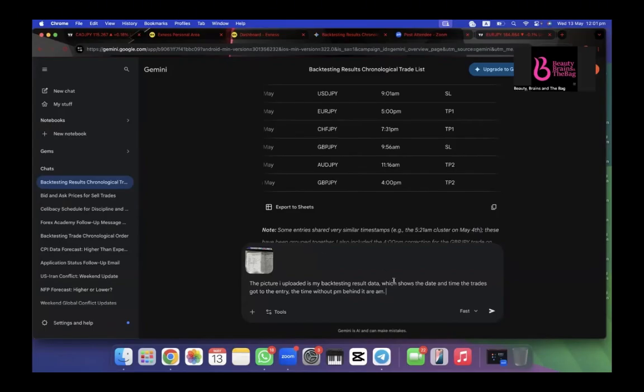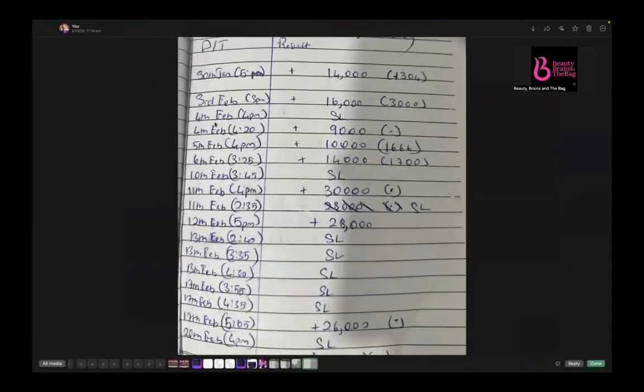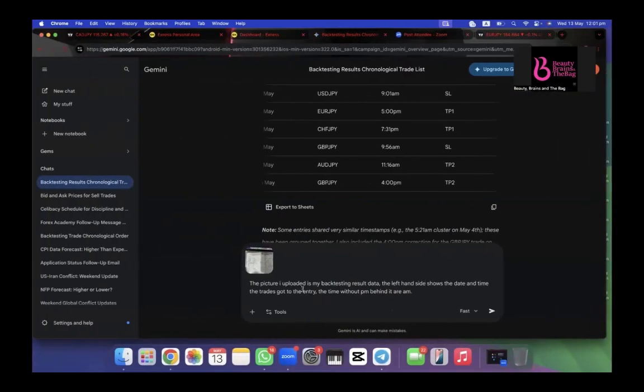Or let me say the right hand side, the left hand side shows the date and time the trades got to the entry point. This is the left hand side. Okay, then I'm not interpreting it. The time without PM behind it are AM.